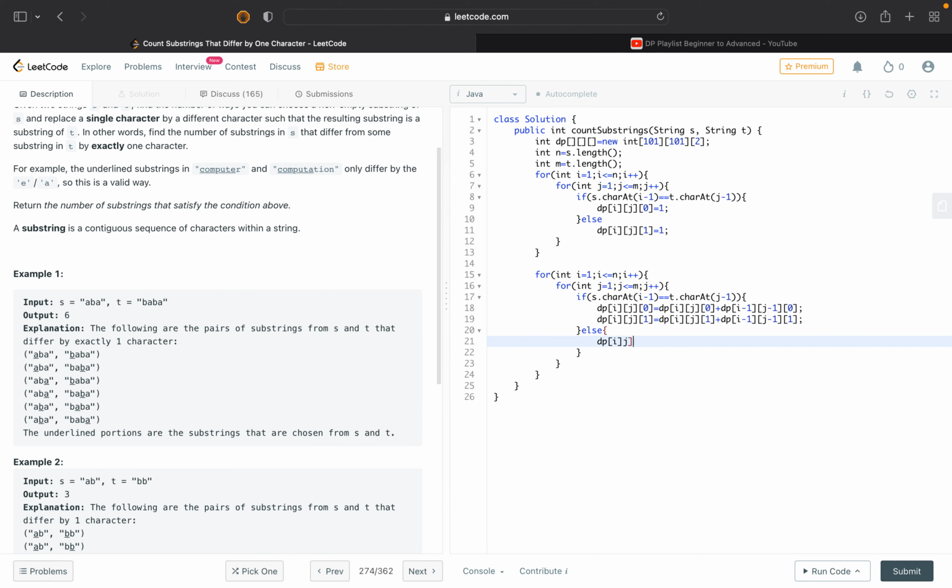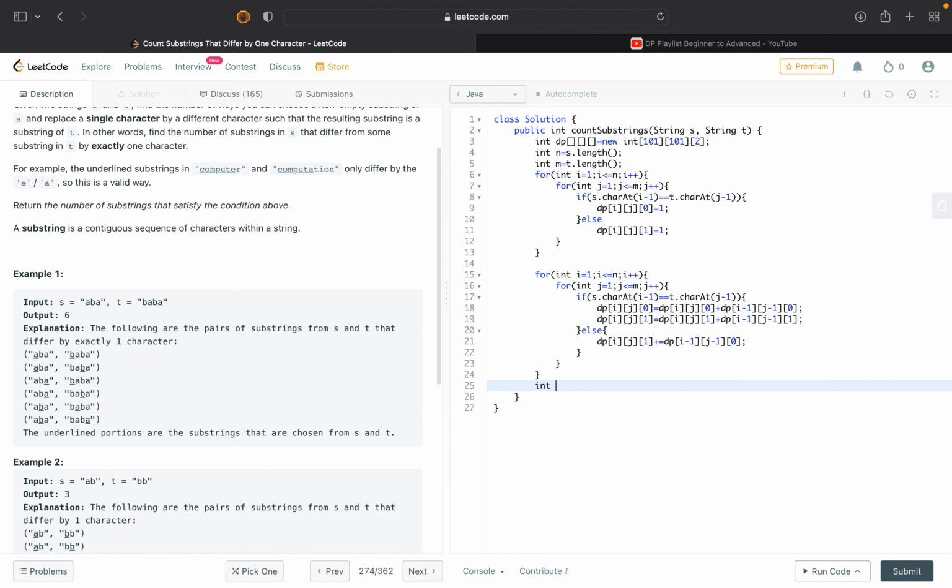So dp of i of j of 1 plus equal to dp of i minus 1 of j minus 1 of 0. Here we need to be cautious that it should be 0. And we are done with it.